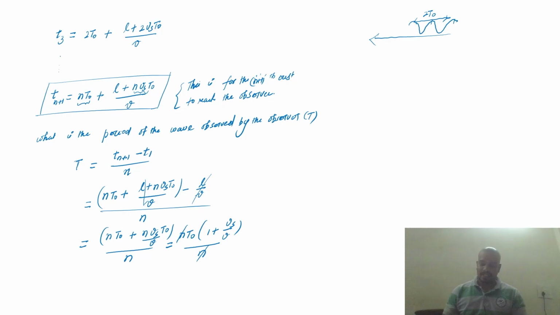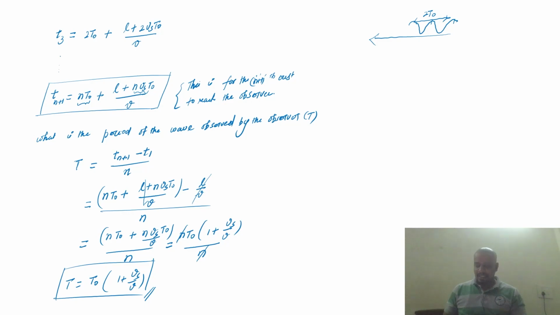So this will tell us the period observed by the observer. So now the period will be equal to t naught times 1 plus Vs by V. This is the period observed by the observer.